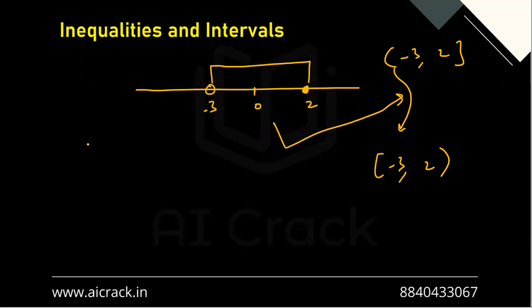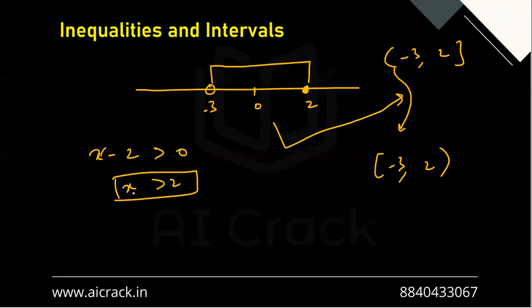Now let's talk about inequalities. Let's say if I write x - 2 > 0, that means x > 2, right? This is very common, we have used it many times. And this is the greater than sign. So if I want to write this inequality in bracket form, I'll write (2, ∞). So 2 is written with an open bracket.